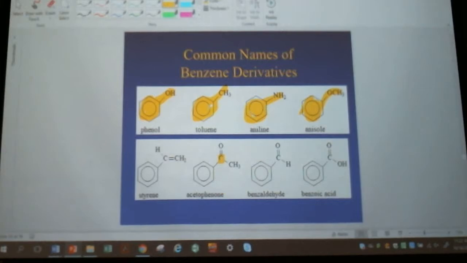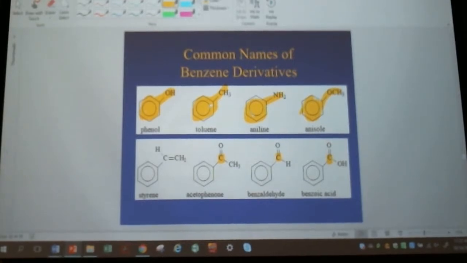This carbon directly attached to the benzene ring is what we call the benzylic carbon. So on the benzylic carbon we have an aldehyde, that's benzaldehyde. On the benzylic carbon we have a carboxylic acid, that's benzoic acid.